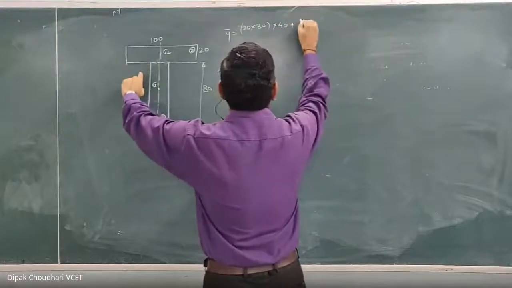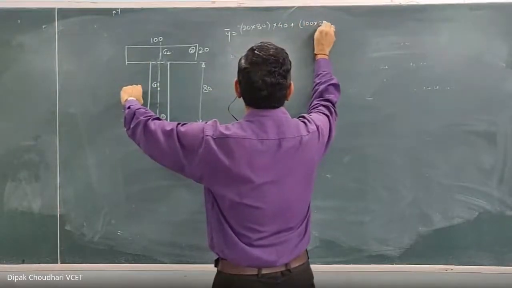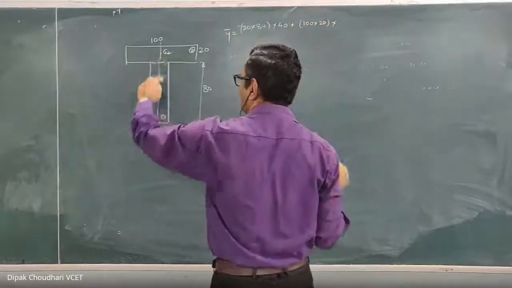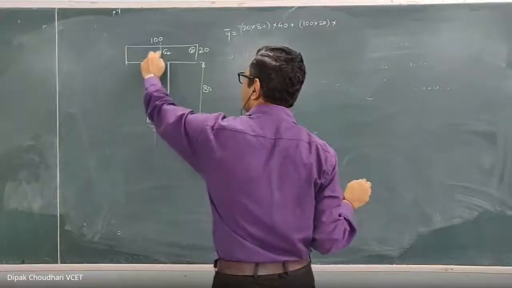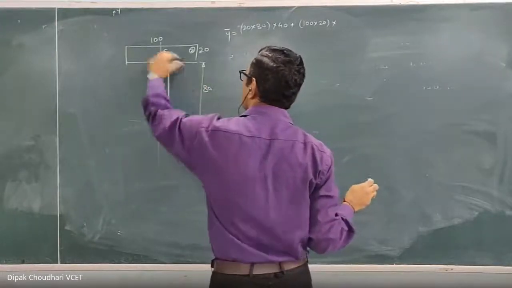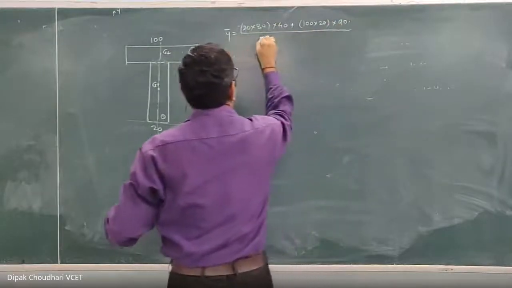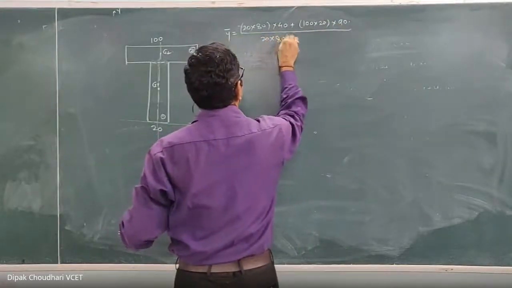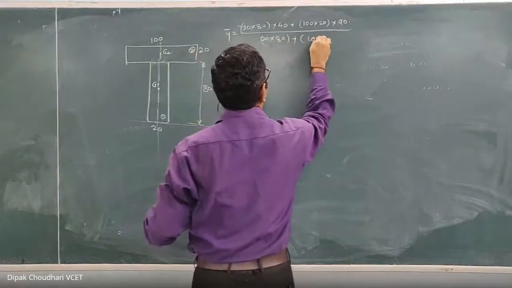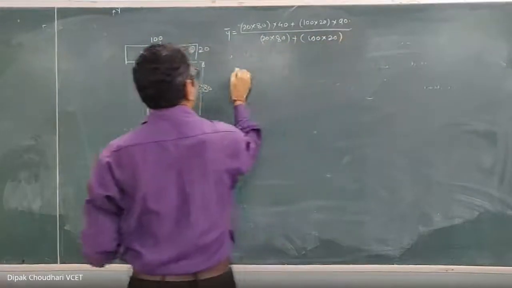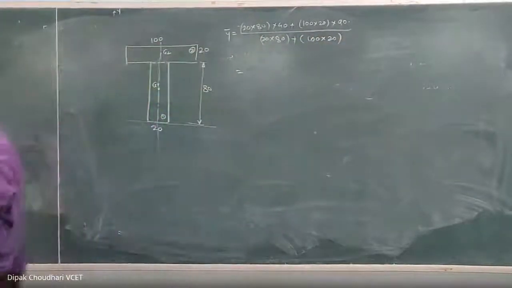Plus second, it is 100 into 20 into y2, the vertical distance of G2 from the x-axis, so it is 80 plus 10, 90, upon 20 into 80 plus 100 into 20. Calculate, you will get y bar. This is the position of the centroid.